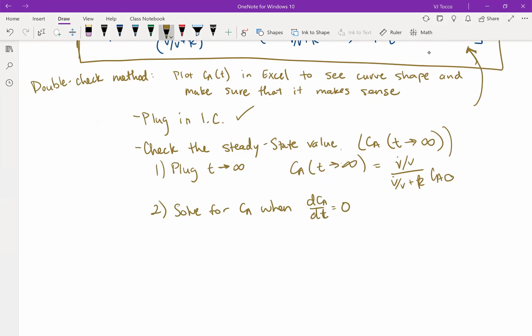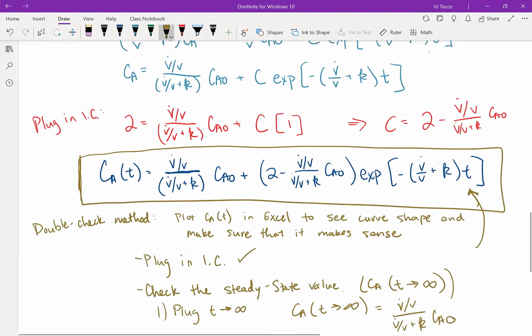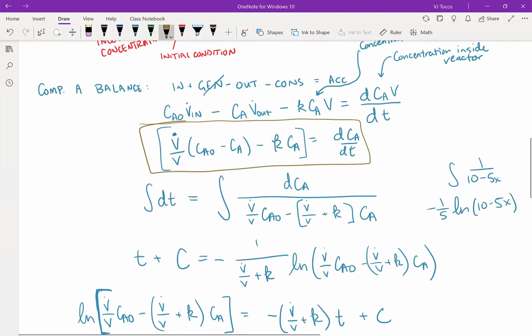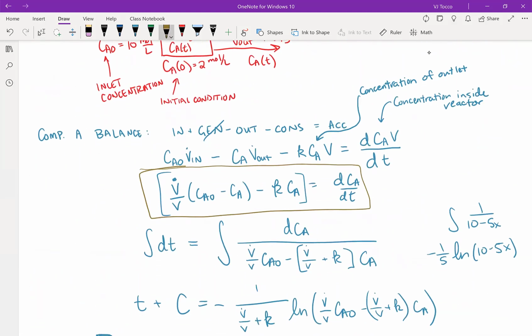Now, previously I said that you would set dCA dt equal to 0 when you want to find the maximum. However, this is a different type of problem. For the steady state solution, my accumulation term is 0. So if steady state, I can cancel this out and say dCA dt is equal to 0.